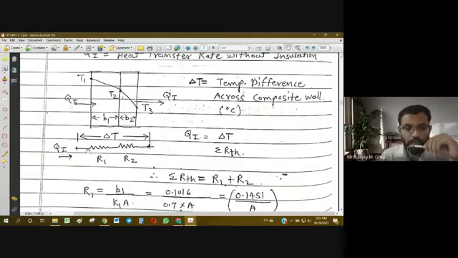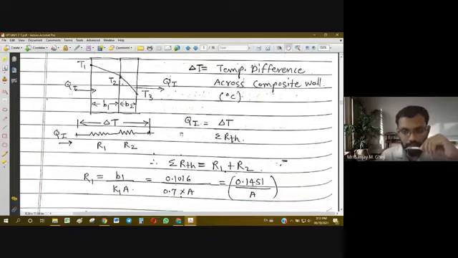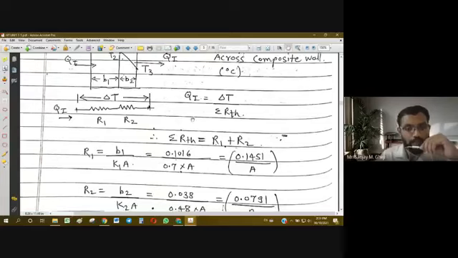And Q1, the heat conduction through the wall, will be the same for both R1 and R2 because it is a series connection. So heat transfer rate by electrical analogy we can write as Q1 equal to delta T upon summation R thermal, so delta T upon total or equivalent thermal resistance. In series, the equivalent thermal resistance is R1 plus R2.